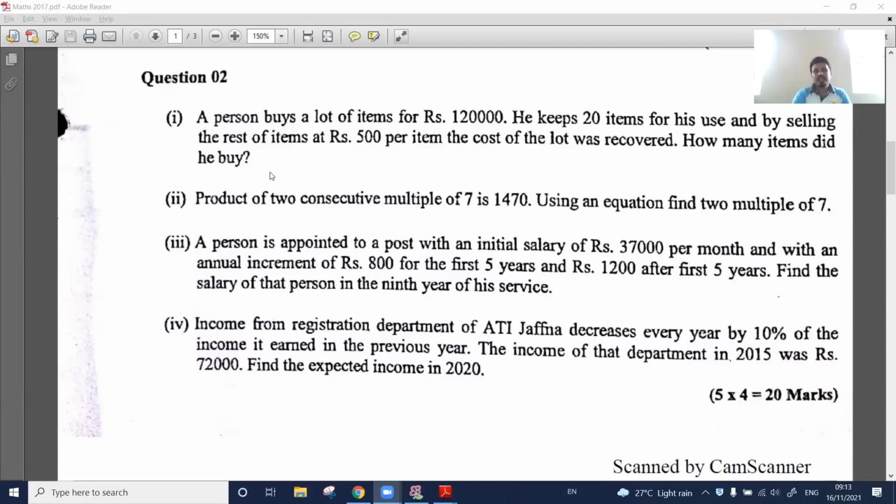He keeps 20 items for his use, and by selling the rest of the items.